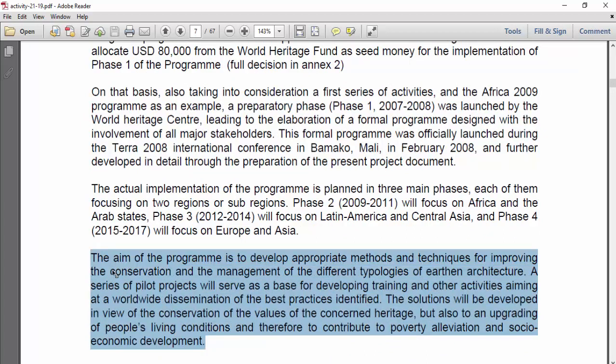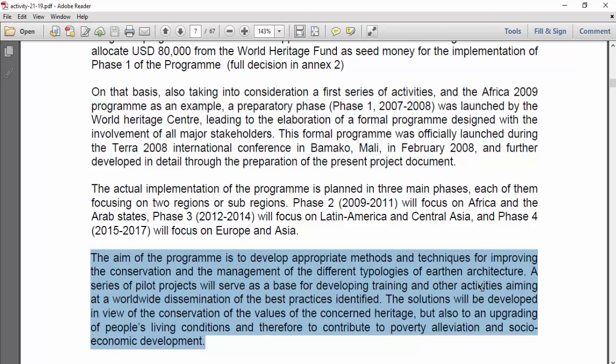Then you go to the aim. This is very important. You want to understand what exactly this program is trying to achieve. It says the aim of the program is to develop appropriate methods and techniques for improving the conservation and the management of the different typologies of earthen architecture.